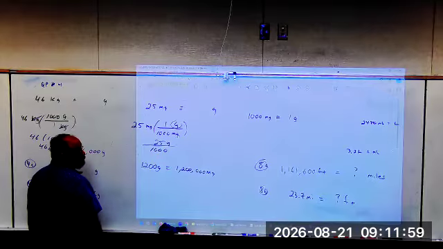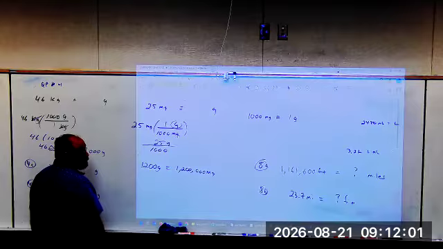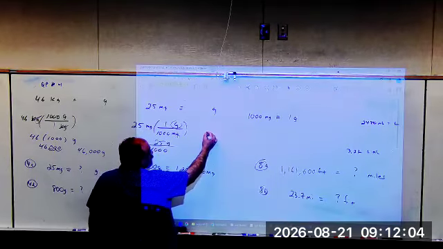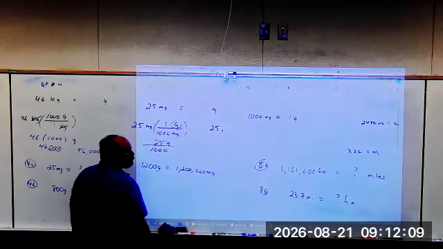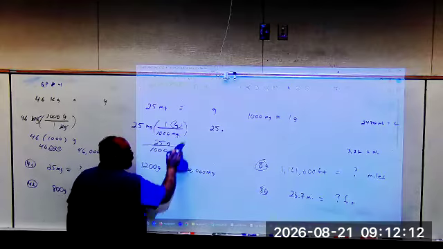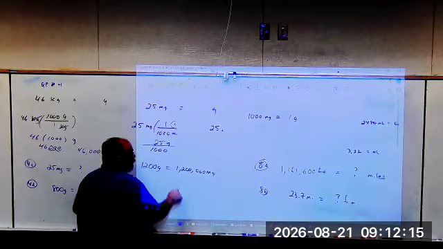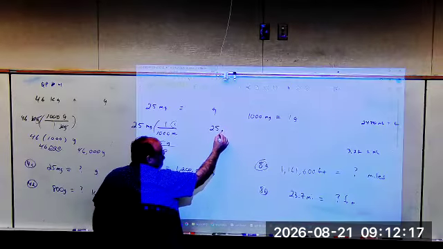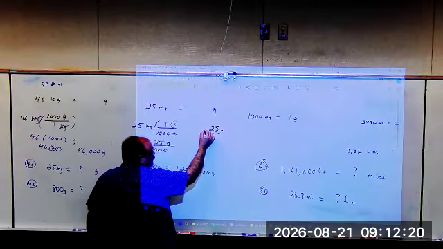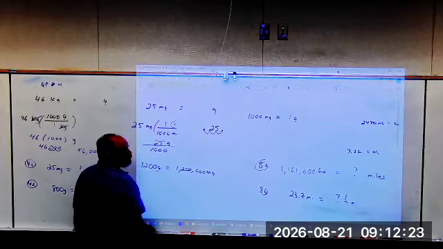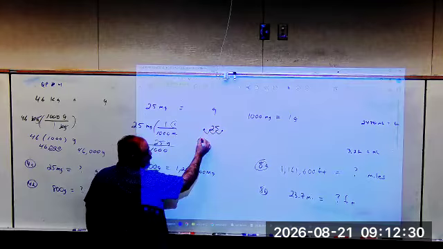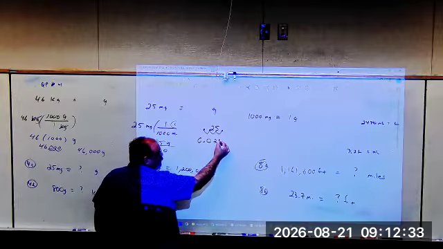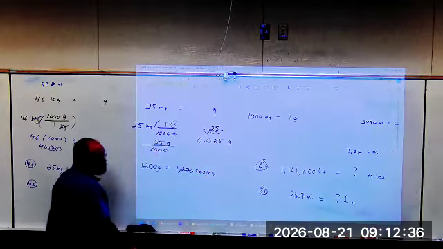You can punch it up, but if you punch it up, you're going to get this. And you divide by 1,000, here's your decimal. You're going to move the decimal to the left for every 0. 1, 2, 3 times. So now you have 0.025 grams.